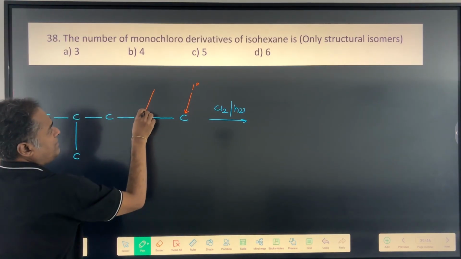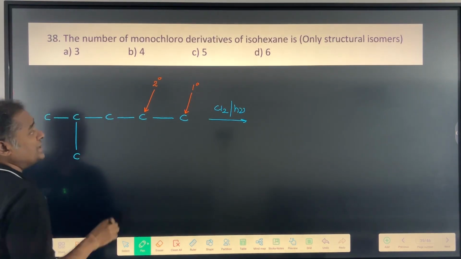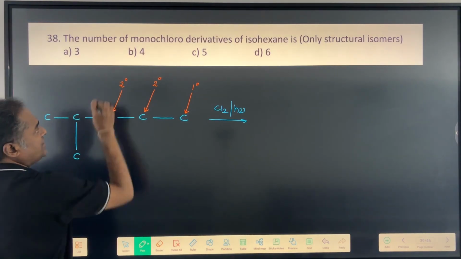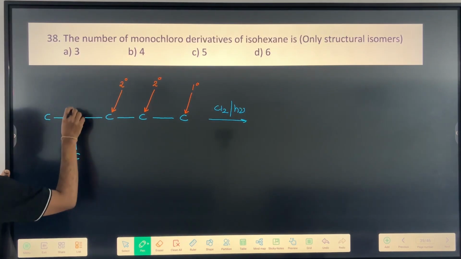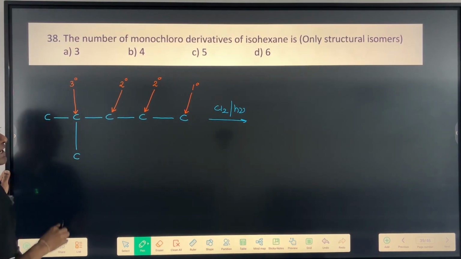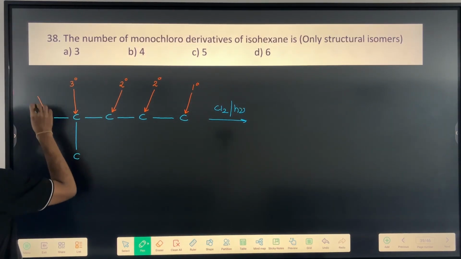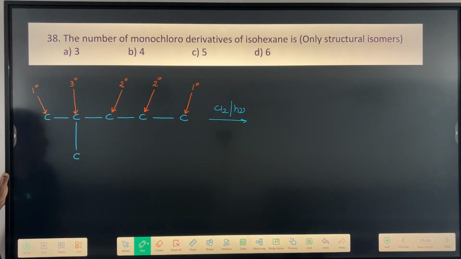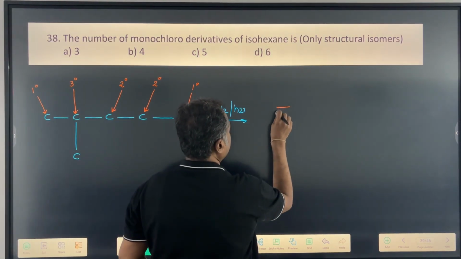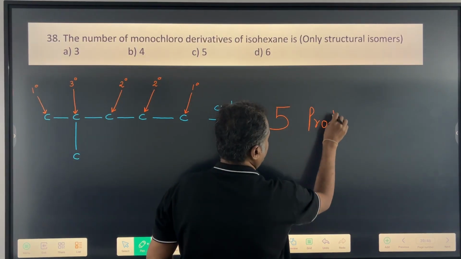This can be the second place where substitution can take place, which can be a secondary carbon. This is the third place where it can again take place, which is again a secondary. Now, this is again the place where H can be substituted, and this can be a tertiary. Now, one last, out of these two, both are the same. Any one of the isomers you tell, it's again a primary. Since this molecule is not symmetrical, you can have all 5 possible products in this particular case.